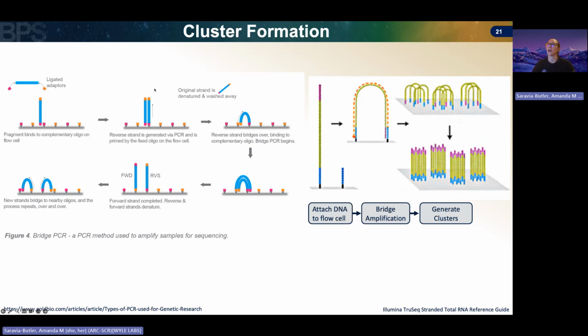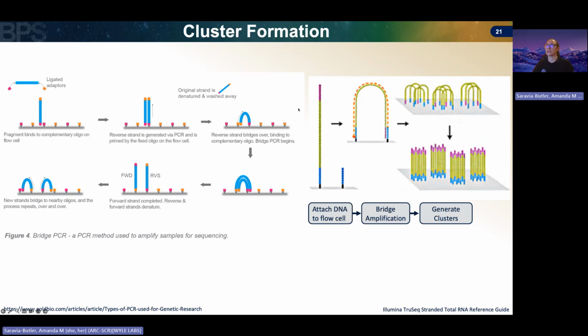So you'll have your forward copy or your reverse copy, and your forward copies being made in this way. Once that is created, those will be denatured, leaving you with 2 strands in each direction. This happens millions of times in each location on the flow cell.